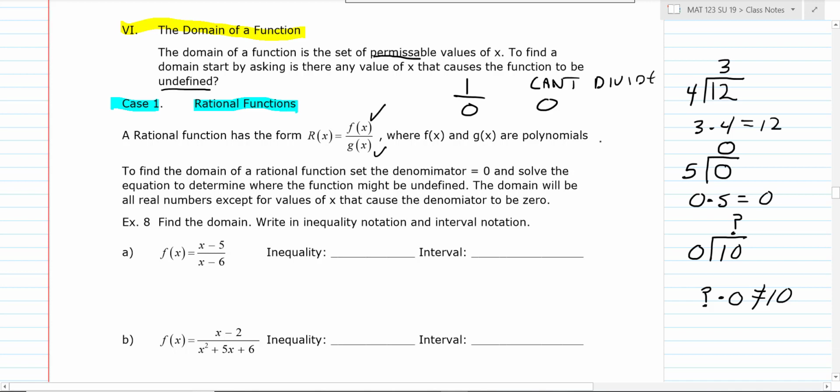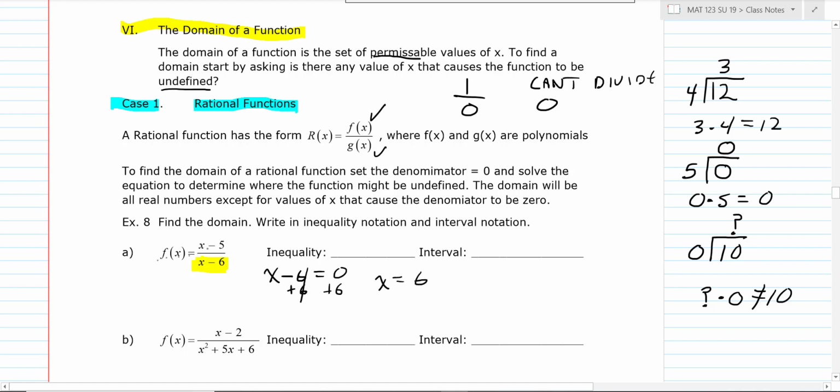So if we have a rational function, we try to figure out what makes the denominator 0. A lot of times you can do this in your head. You just look at that denominator and ask, what makes that 0? You could add 6 to both sides, and you would have x equals 6.